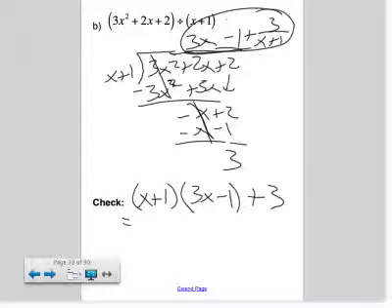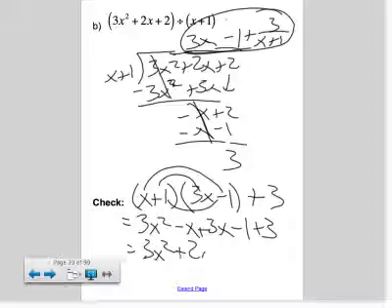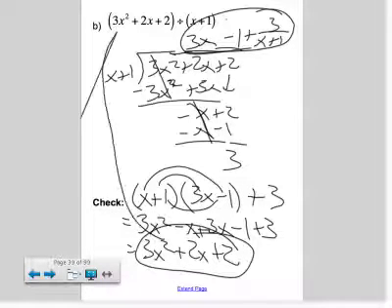That's fine. x and 3x makes 3x squared. x and negative 1 makes negative x, plus 3x, minus 1 plus 3. 3x squared plus 2x plus 2, and we're hoping this matches up with the original, and it does, so that's a good thing. That means this is correct.